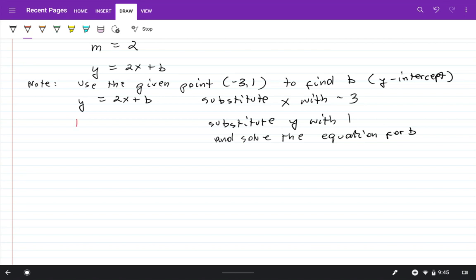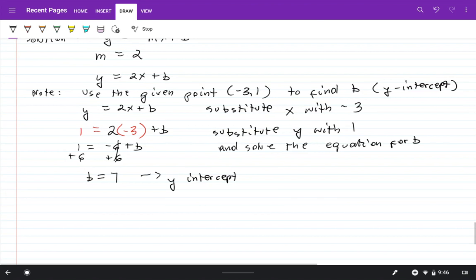So we have 1 equals 2 times -3 plus b. To solve the equation for b, we have 1 equals -6 plus b. I will add 6 to both sides, and that will give us that b equals 7. So that means the y-intercept equals 7.